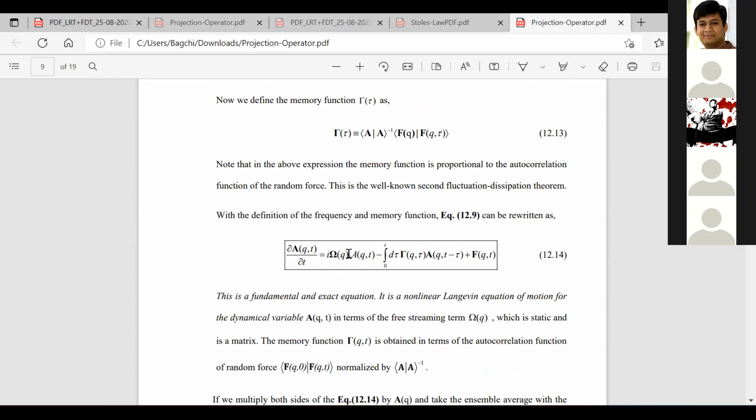This is the first term. Remember, we had two terms. One of them, e to the power iLt, P, iLA. That becomes this omega term. Then another term remains that I'm going to work on a little later.